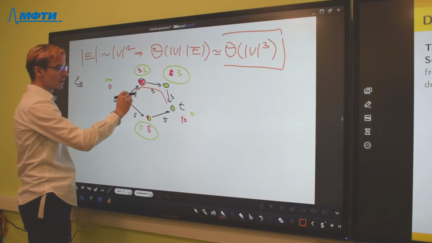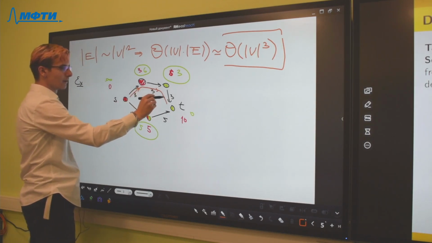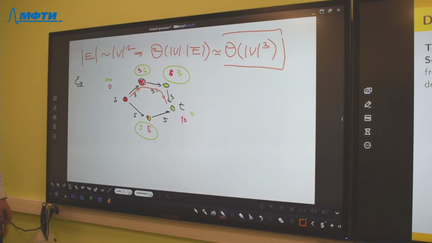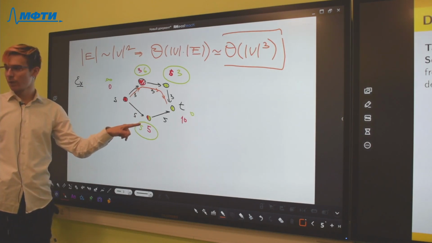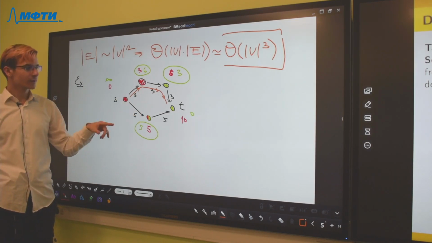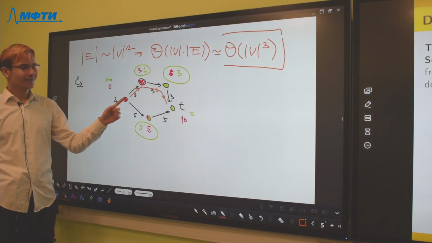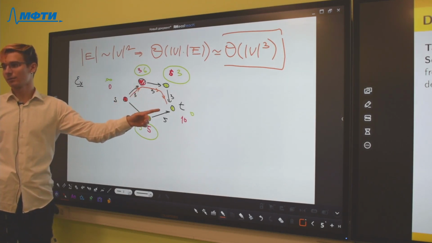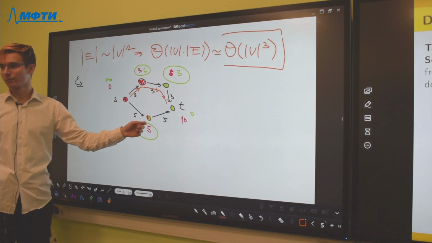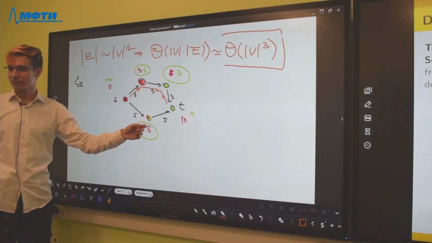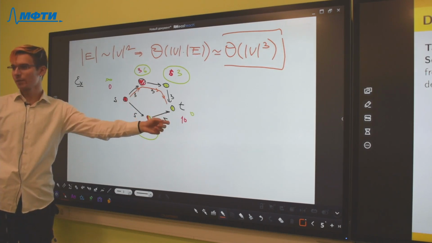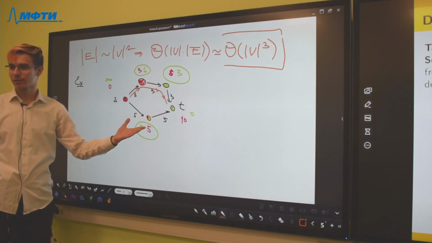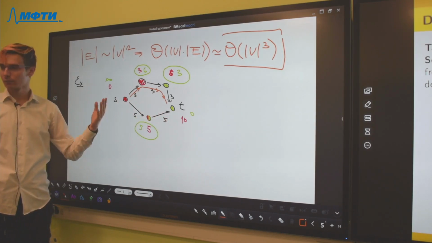So, of course, you need to end your algorithm when you extract a vertex from both of Q's, but the shortest path cannot contain this vertex. We extract this vertex from both of Q's, but the shortest path between S and T doesn't contain this vertex.